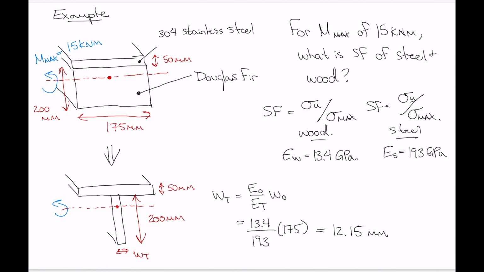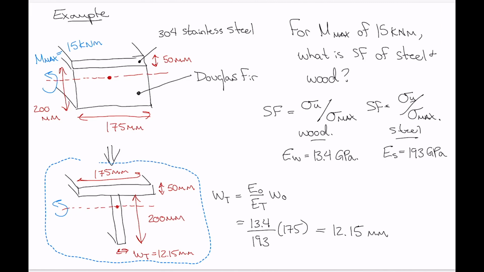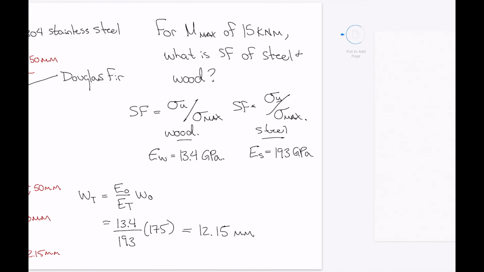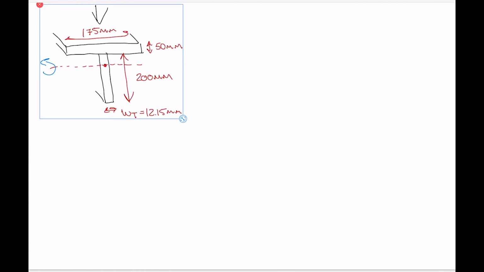WT is 12.15 millimeters, and this dimension across the top was 175 millimeters. Let's take that to a new page.